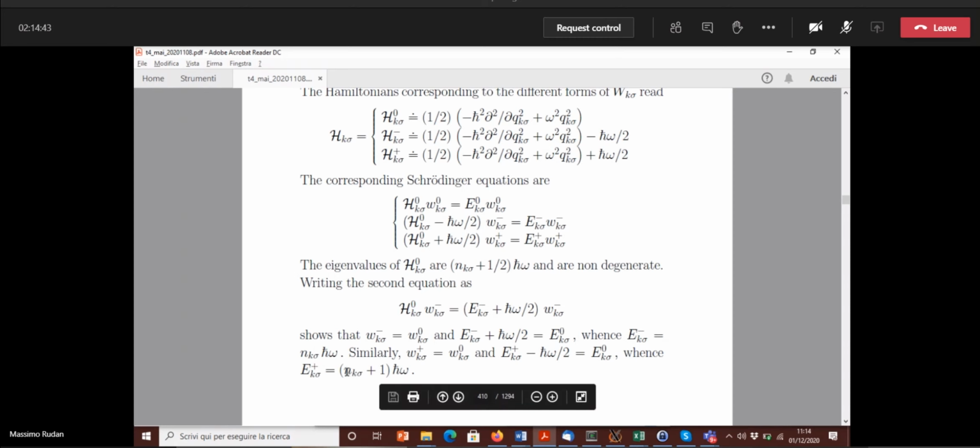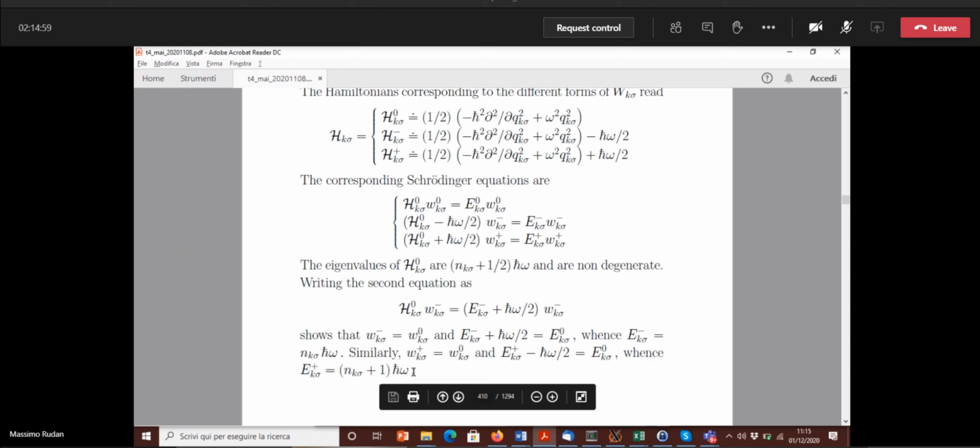And finally, for the third equation, the eigenvalue is E plus, that is n plus 1 h bar omega.